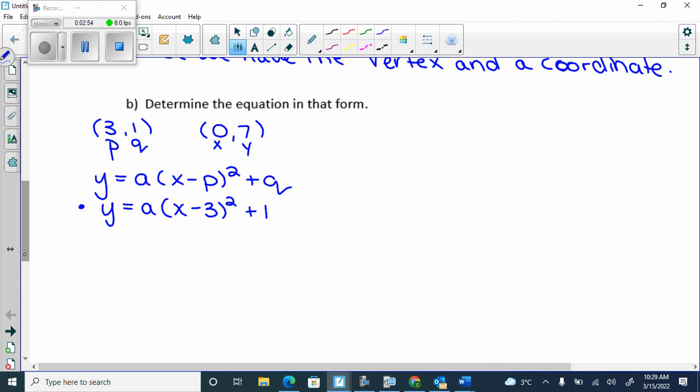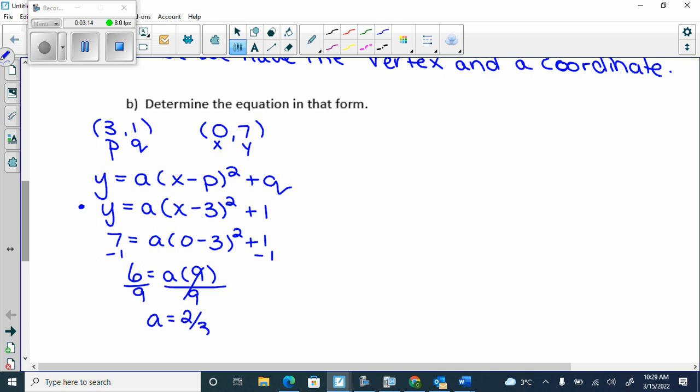So I plug in my y, I get 7 equals a, 0 minus 3 squared plus 1, subtract 1, 6 equals a times 9, because negative 3 squared is 9, not negative 9. You have to put in brackets. Divide by 9, and a equals 2/3. Am I done?